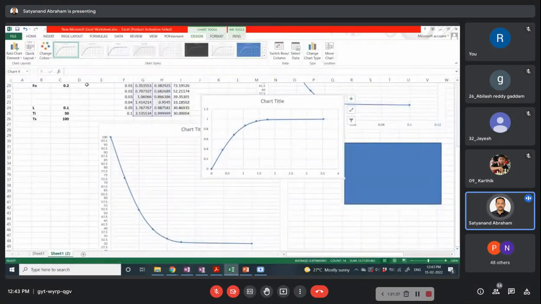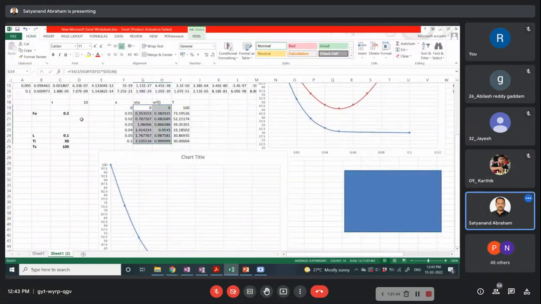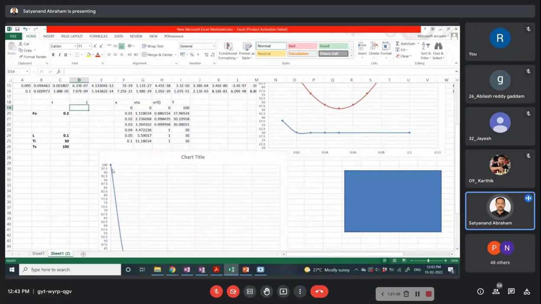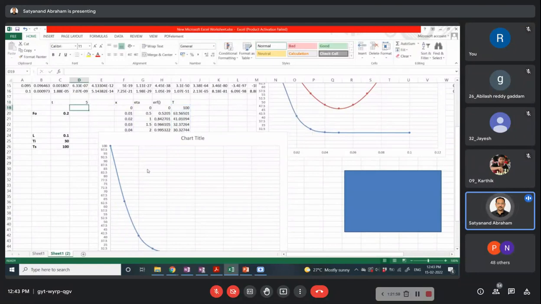at a very low time, say time is equal to 1 second, dT by dx is very huge, so therefore heat fluxes are going to be higher. As the time increases, say 5 seconds, dT by dx at the surface is going to be decreasing.